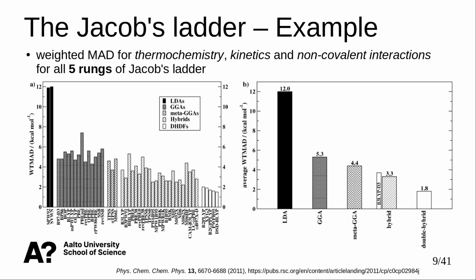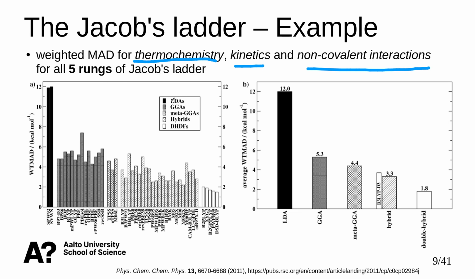They had a small data set, and they tested it for various thermochemistry, kinetics, and non-covalent interactions, like bond formation energies, reaction barriers, dispersion interactions, stuff like that, for the five different rungs of the Jacob's ladder.